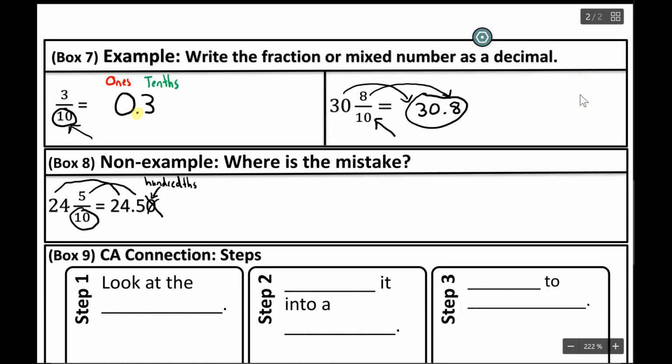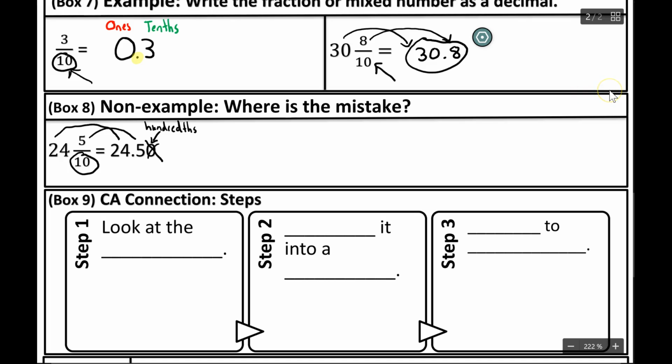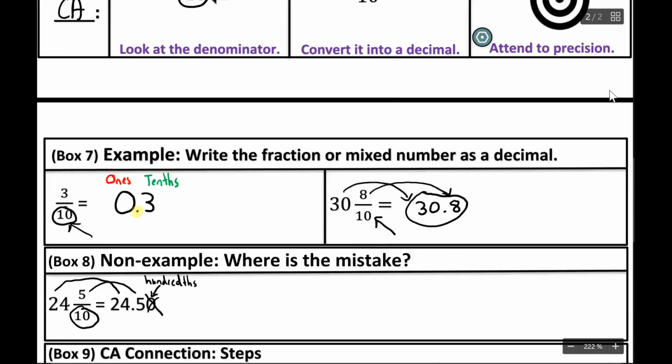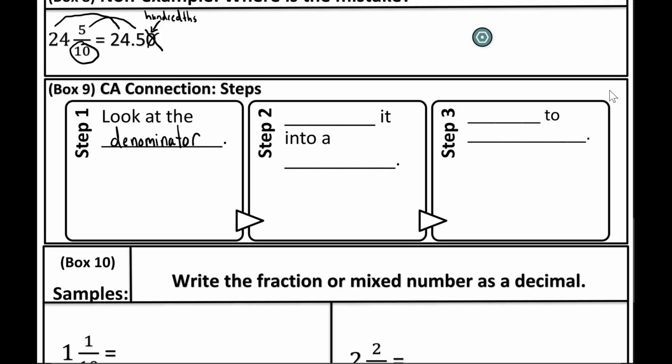Pretty simple. Alrighty, box 9, our critical attribute connection steps. Step 1, we are going to look at the denominator. Step 2, we are going to convert it into a decimal. And by it, I mean we're going to convert the mixed number or the fraction into a decimal.